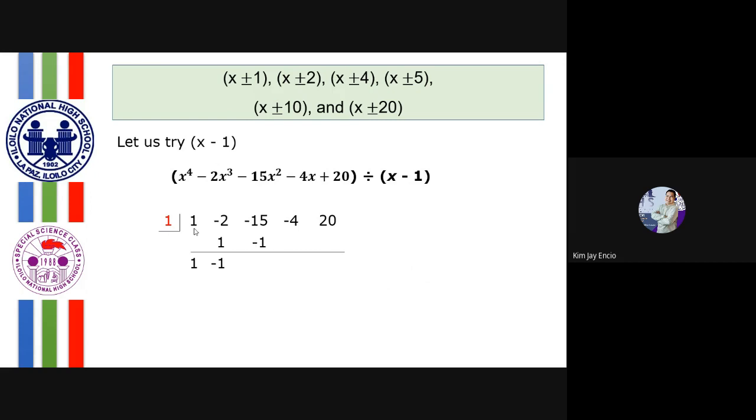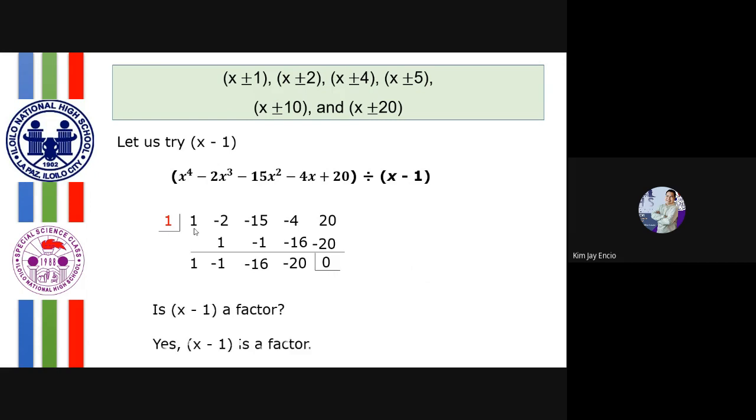And their sum here is negative 16. 1 times negative 16 will be negative 16. Place that under negative 4. Negative 4 plus negative 16, I mean, negative 20. 1 times negative 20 is negative 20. And we could see that the remainder here is in fact 0.